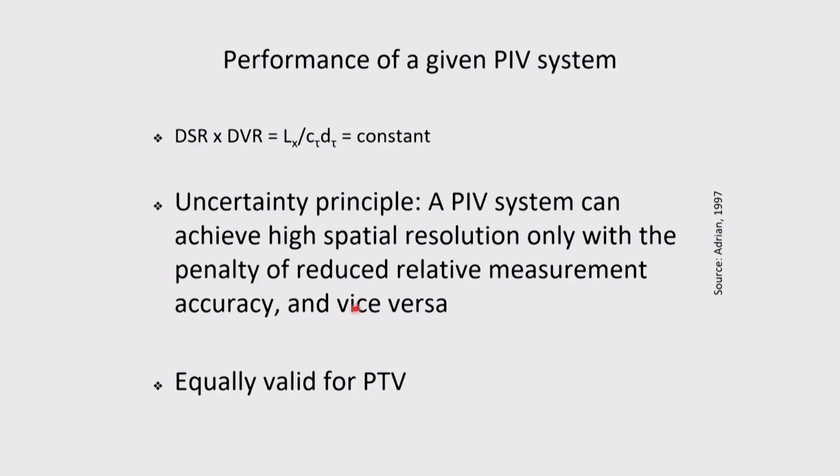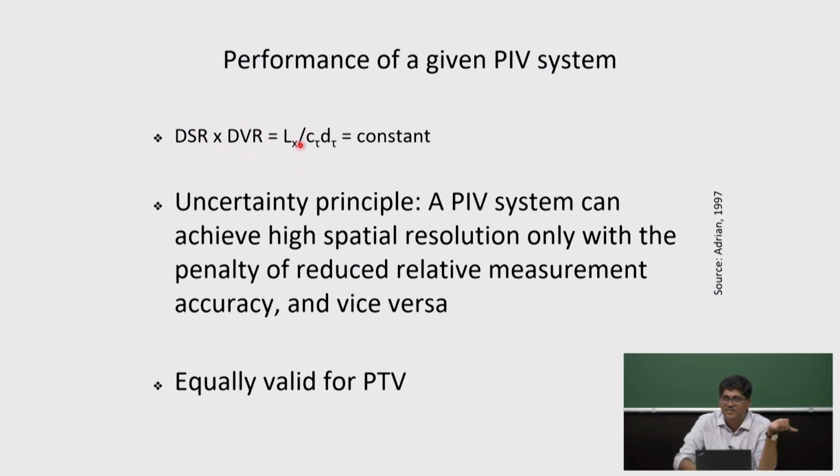You can't have both. The product of these is generally a constant. That means if I have to resolve the velocities, I have to compromise on the spatial resolution, and if I want spatial resolution, I have to compromise on the velocities.